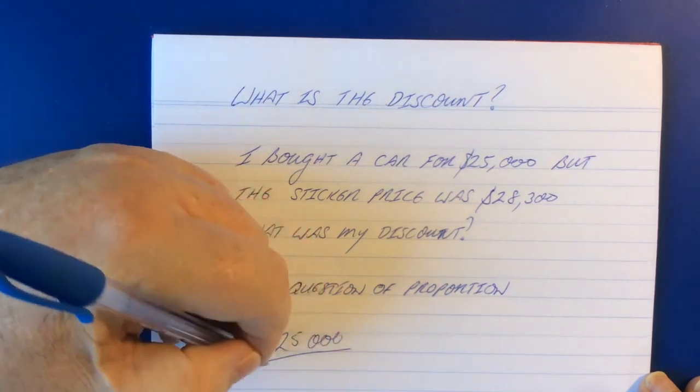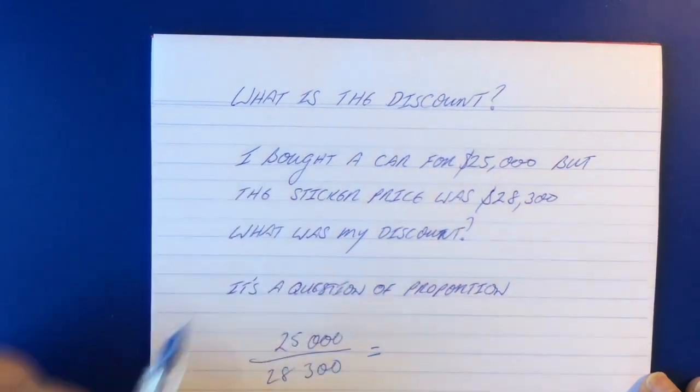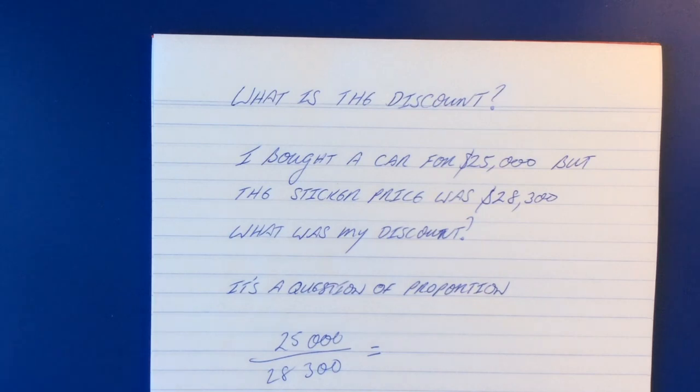And this is how we do it. We simply divide 25,000 into 28,300. And so let's see what we get.